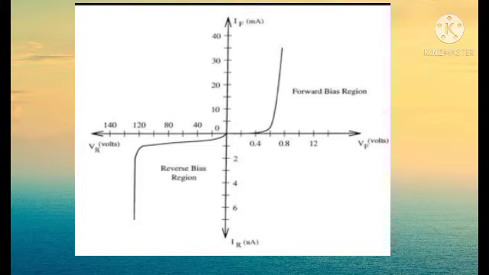In reverse bias condition, as the width of depletion region goes on increasing, no current flows through the junction, but practically a small leakage current flows through the junction as shown in the figure.